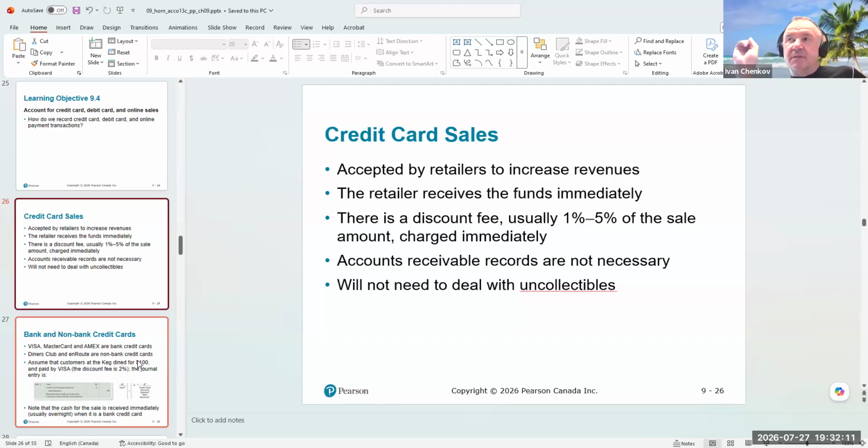So if the client comes and says, I want to pay with the credit card, you check the amount you have to collect from the client. The sales is for $100,000, and you want to collect exactly $100,000 after the Visa fee. So that means you have to anticipate the Visa fee and charge the client those fees upfront, so you can get exactly the $100,000.